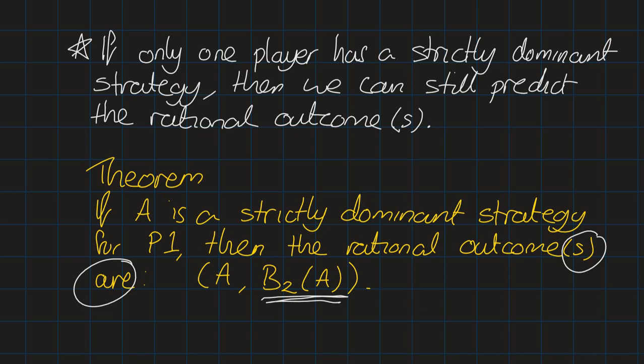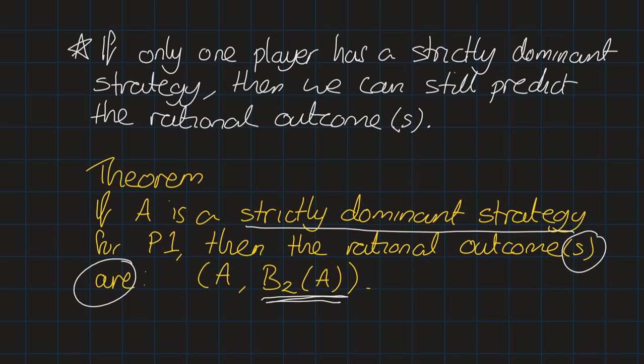So why does this theorem make sense? Why is it a reasonable theorem? Well, let's think about it. Imagine you're player 2 and you're perfectly rational, perfectly logical and mathematical, and you know that player 1 has a strictly dominant strategy. Because you're perfectly logical, you deduce that player 1 is going to play that strategy.